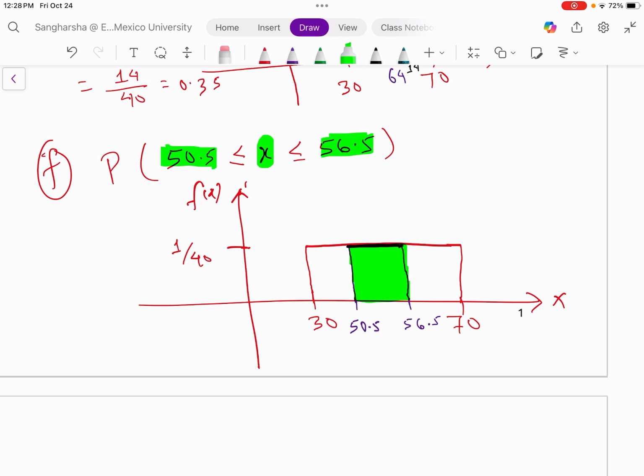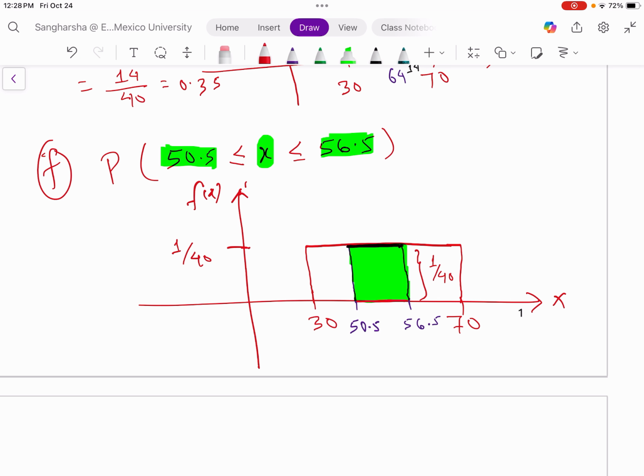Here we have a rectangle, so this height is going to be 1/40, and the width is the difference of 56.5 and 50.5, which is 56.5 minus 50.5, so 6.